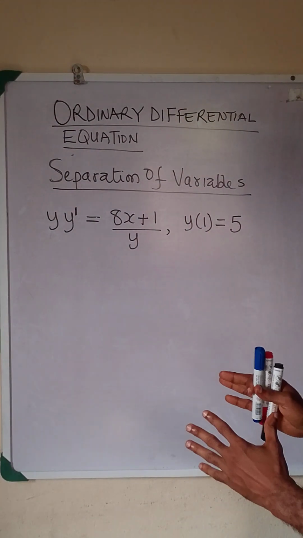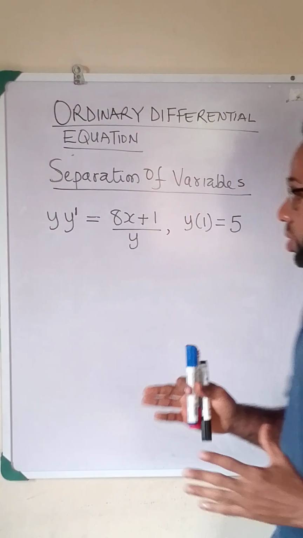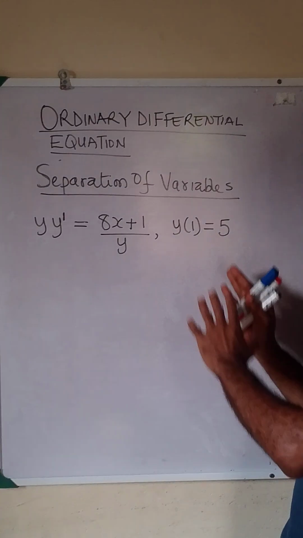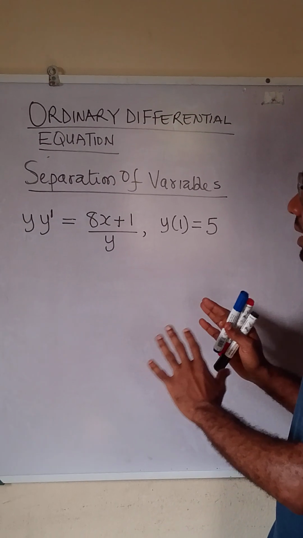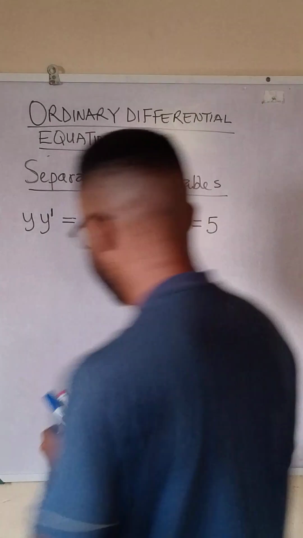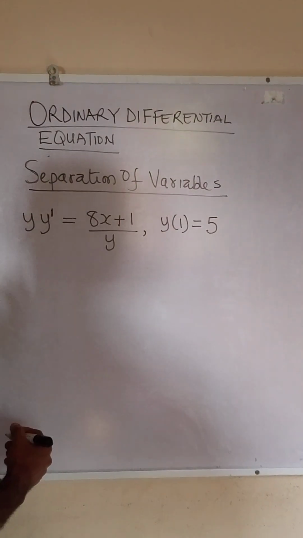So whenever you see an ordinary differential equation where you are able to separate x and you are able to separate y, you can use the method of separation of variables. So let's go into the solution so that you understand what I'm talking about.